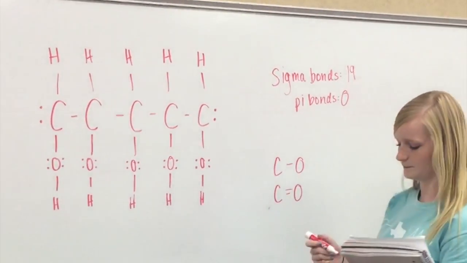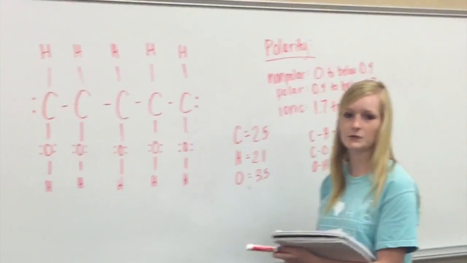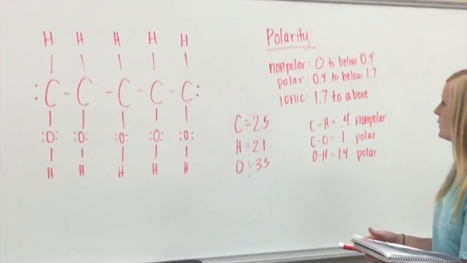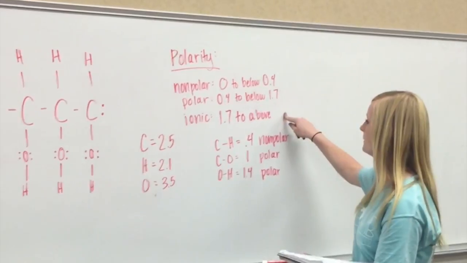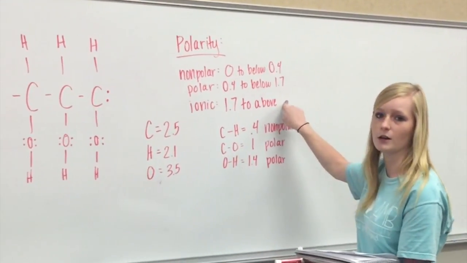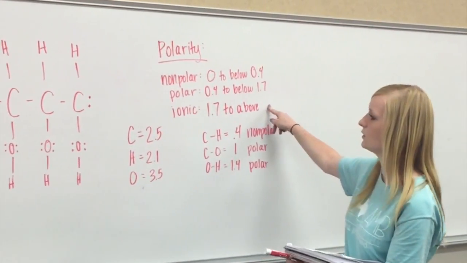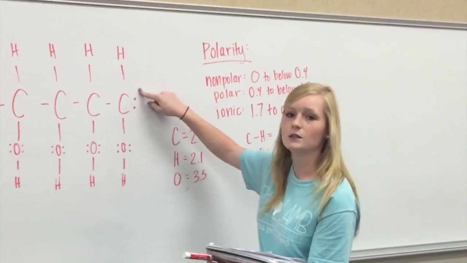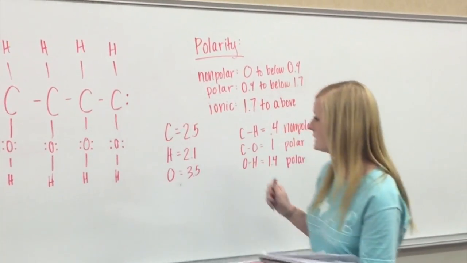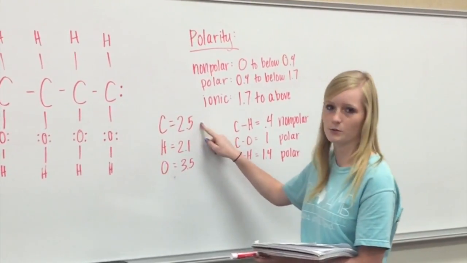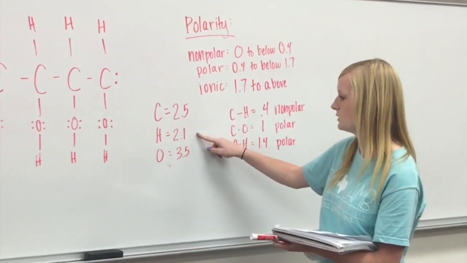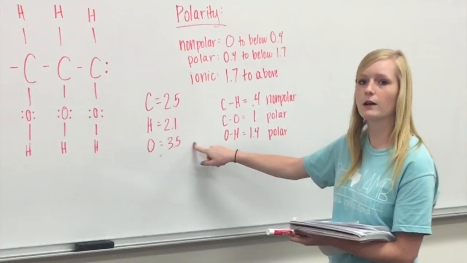Number 9 is asking us if we have any polar bonds. So first we have some general rules about polarity, and we got these by looking at our electronegativity chart, and whatever is bonded, you subtract the 2. And so our electronegativities for carbon, we have 2.5, and then hydrogen is 2.1, oxygen is 3.5.